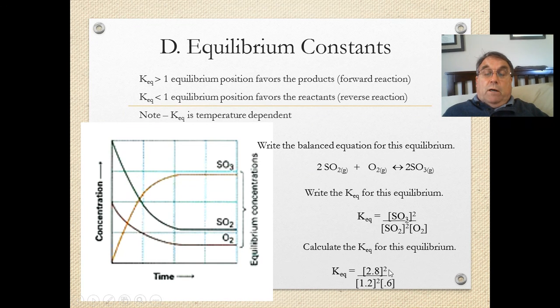So 2.8 squared over 1.2 squared times 0.6, and the K expression is about 9, which tells you what? It favors the products by a reasonable amount. Not a huge amount, but by a little bit.